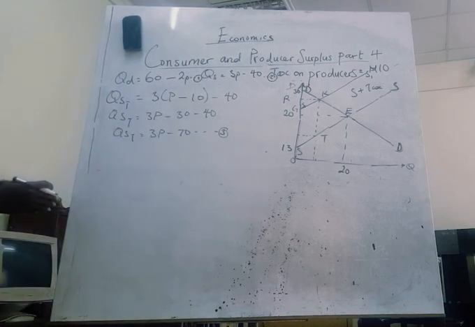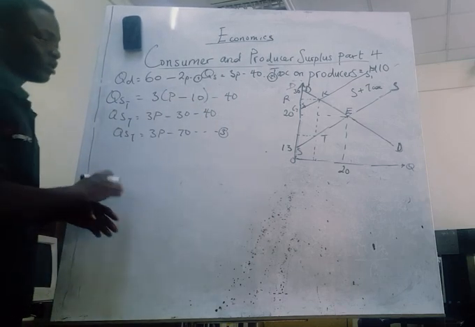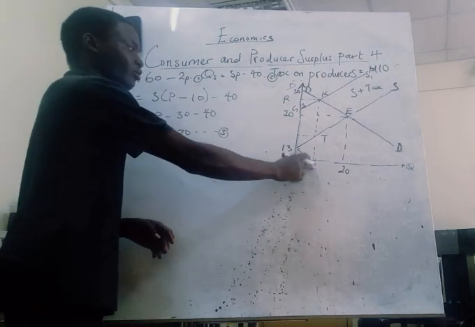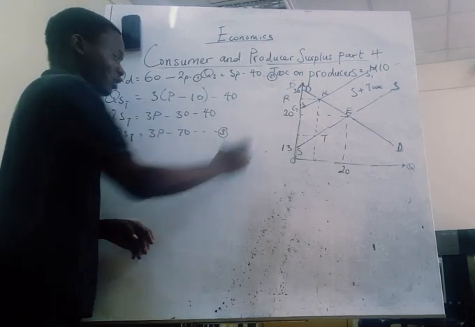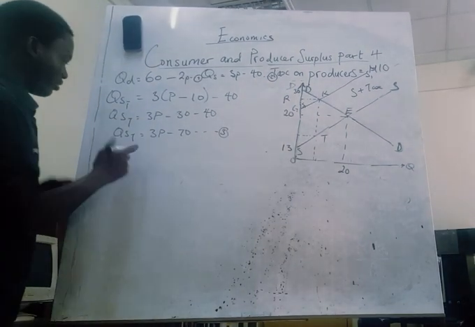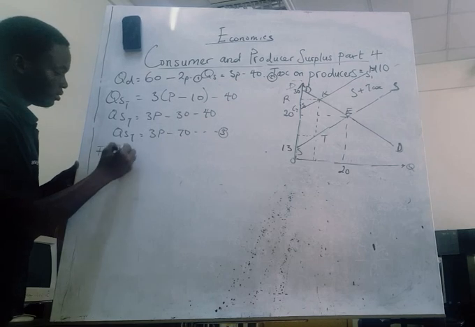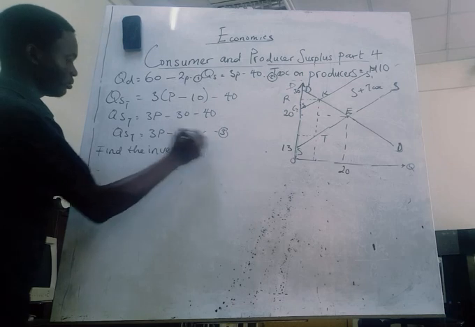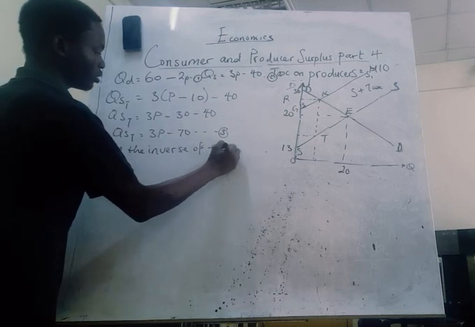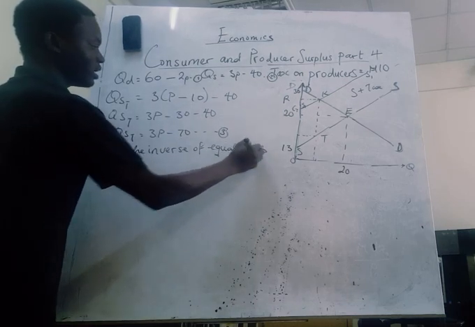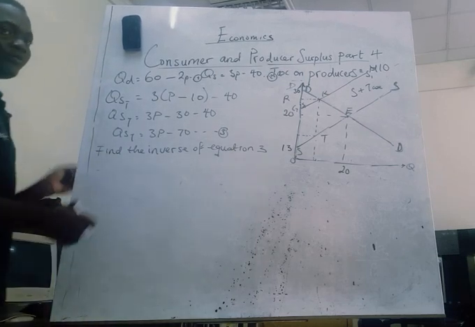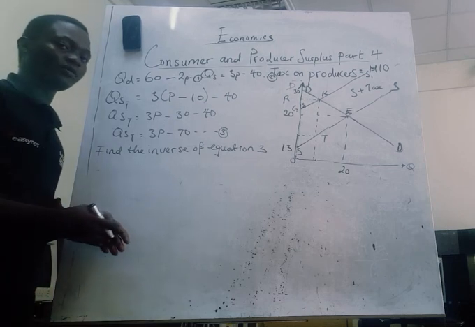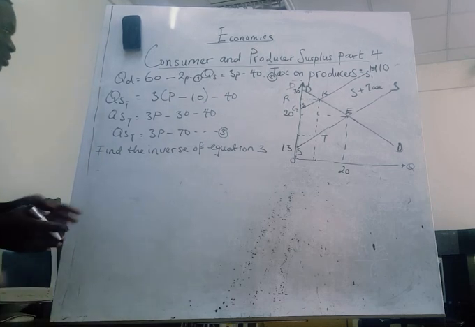Alright, but then what we have to do is to find the inverse supply function, because we are going to be having the same quantity but different prices. So we need to find the inverse of equation 3. When we say inverse supply function, or inverse demand function, we are just saying that we should make price the subject of the equation.